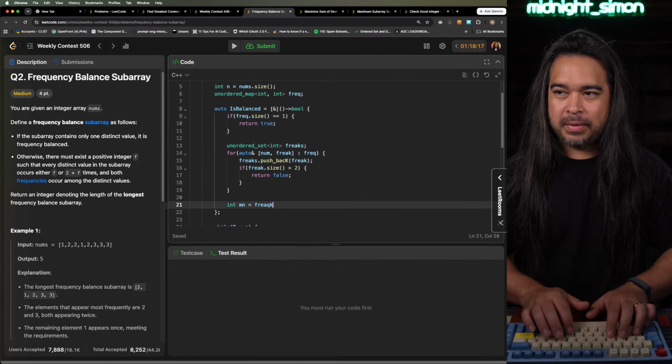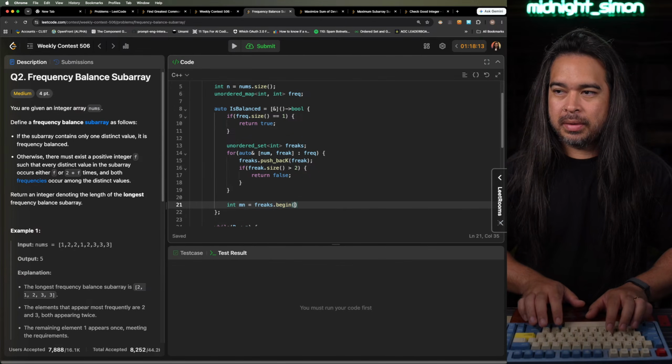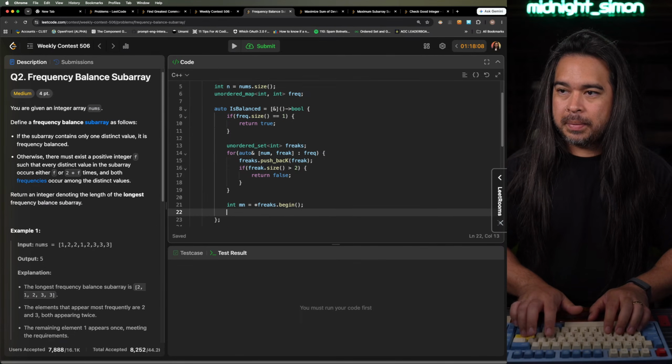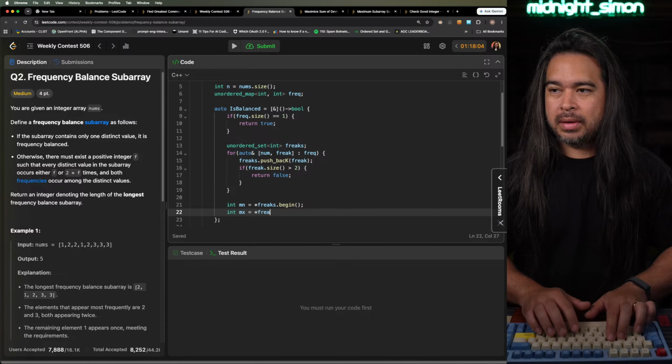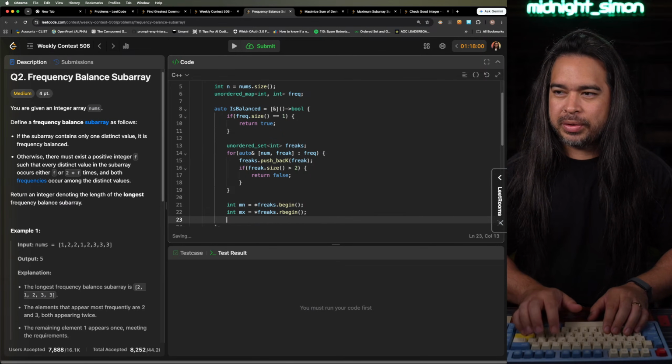I guess freq.begin is the minimum. That must be the smallest number. And that must be the largest number, reverse begin.